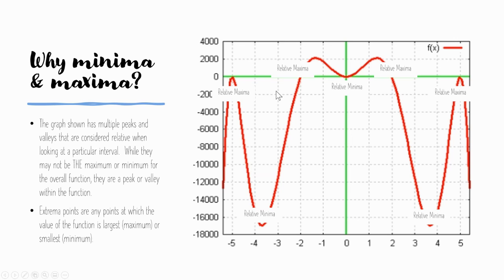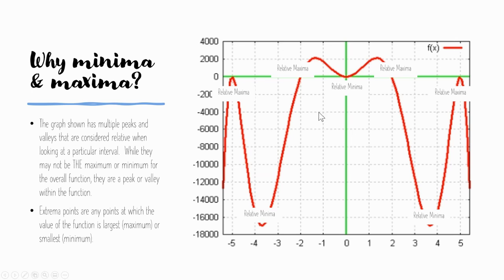So I've got a relative maxima. This would be a relative maxima. But the true maximum would be these 2 points because those are the highest points for this graph. And you can have more than one because that's exactly where they are the highest.